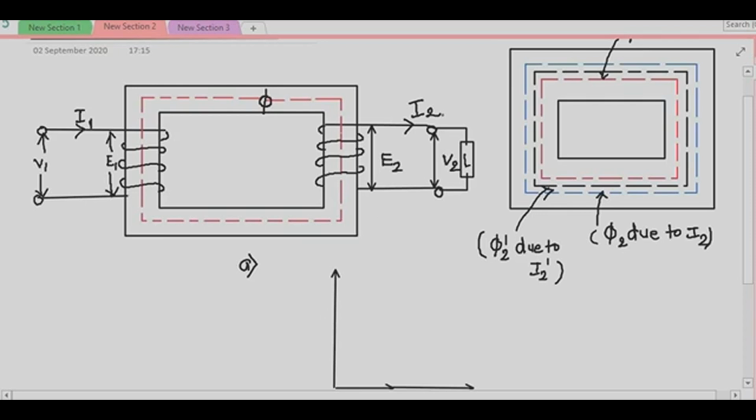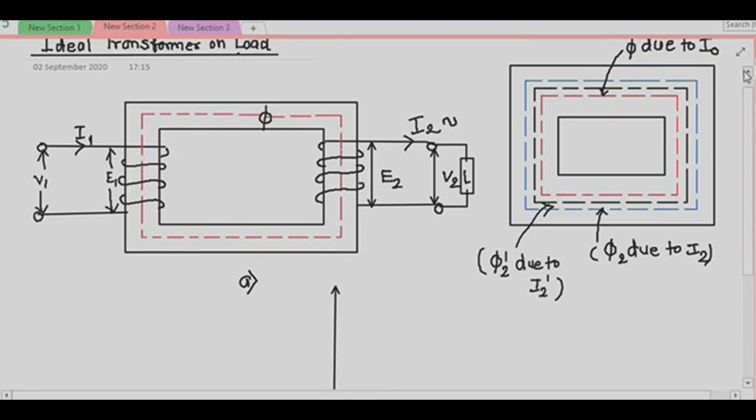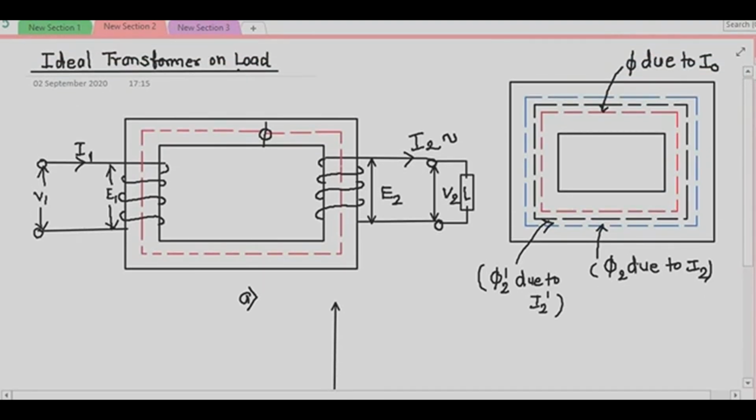Now when current I2 is circulated, what is the nature of this current? The nature of this current is alternating. So this alternating current will produce an alternating flux, which again links with the secondary winding and also the primary winding. Let the flux produced by the current I2 in the secondary winding be phi 2. The blue dashed line shows the flux produced by the current I2 circulated in the secondary circuit.